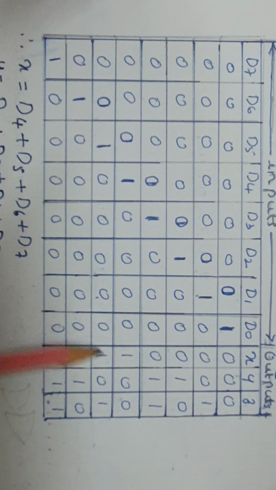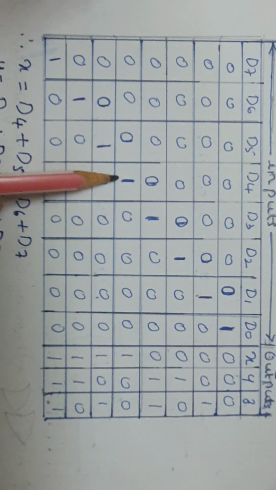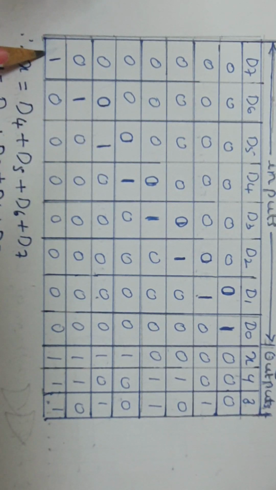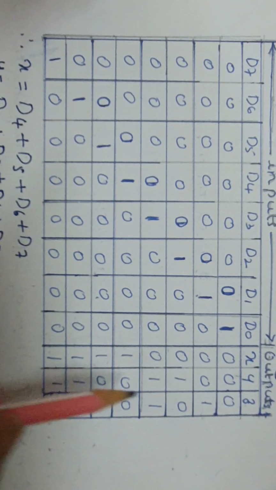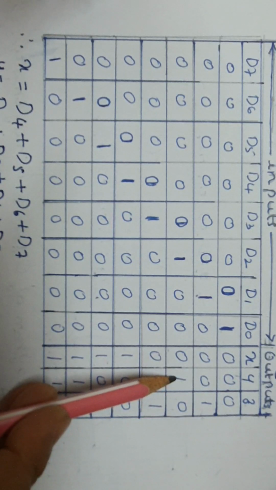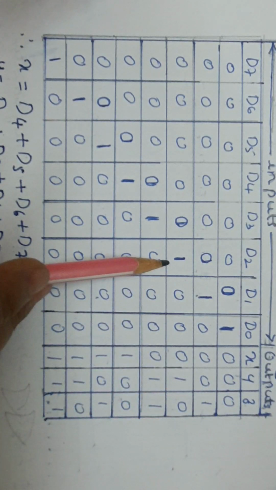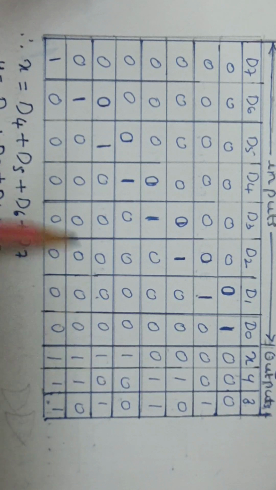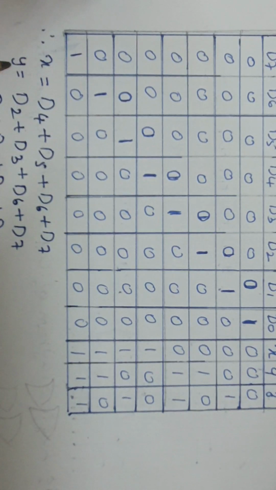That is the expression here. Similarly, if you take Y, the Y output is 1 for D2 or D3 or D6 or D7. Hence Y equals D2 or D3 or D6 or D7.